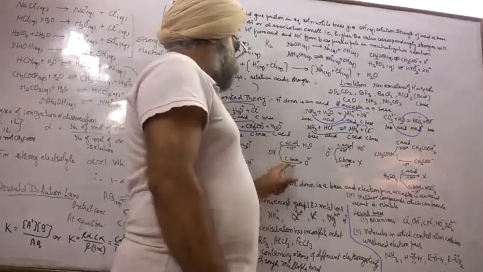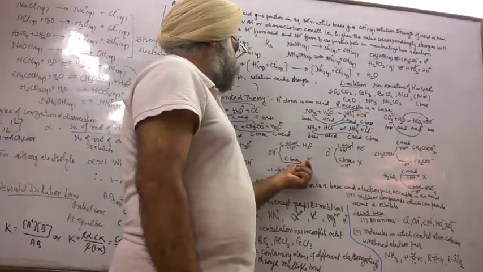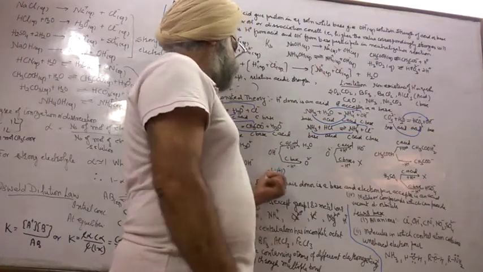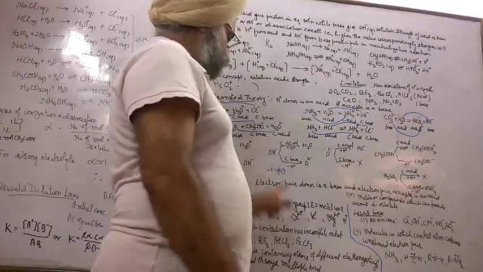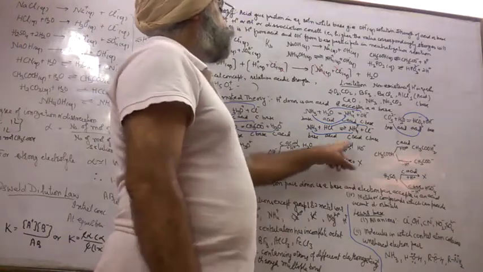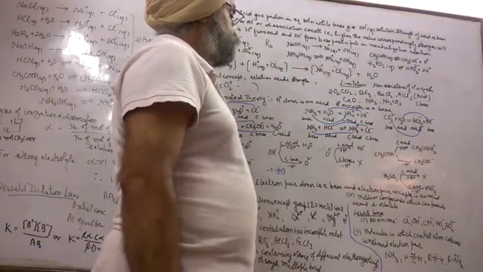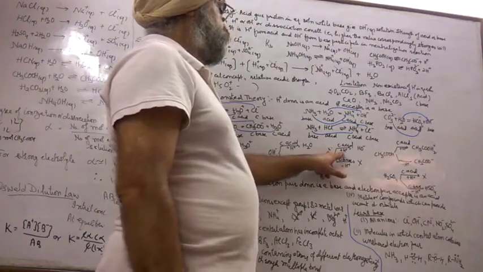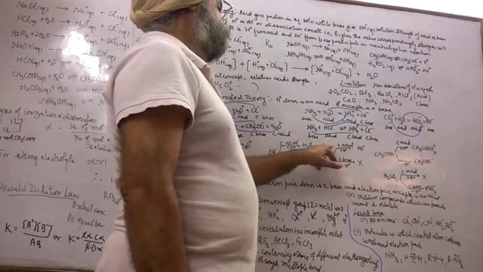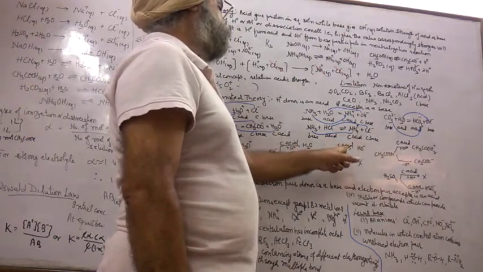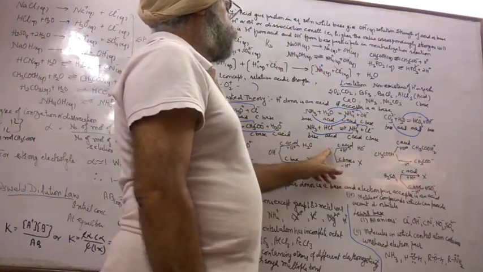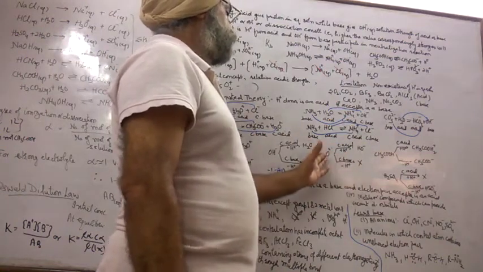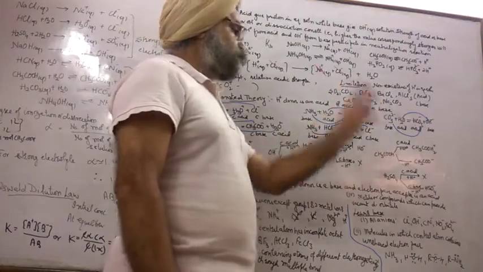O2 negative: the hydrogen is subtracted, we are left with only oxygen and the charge is 2 negative. The conjugate acid is by adding H positive, minus 2 and plus 1 gives minus 1. But you cannot remove H. There is no H, so the conjugate base is not possible.